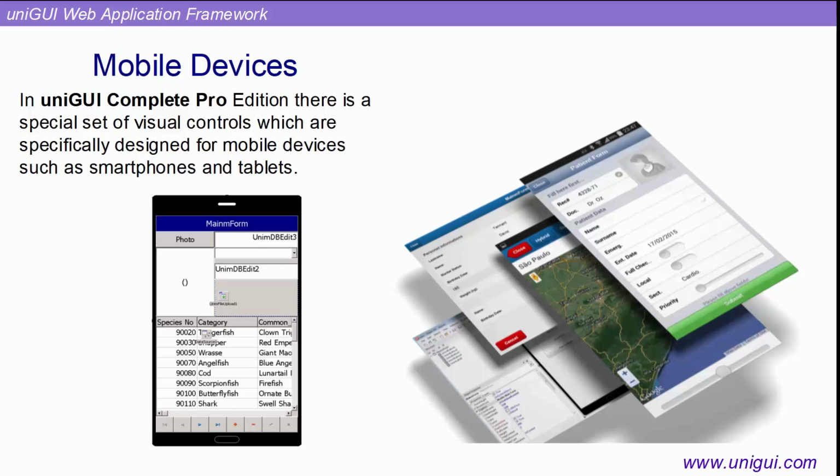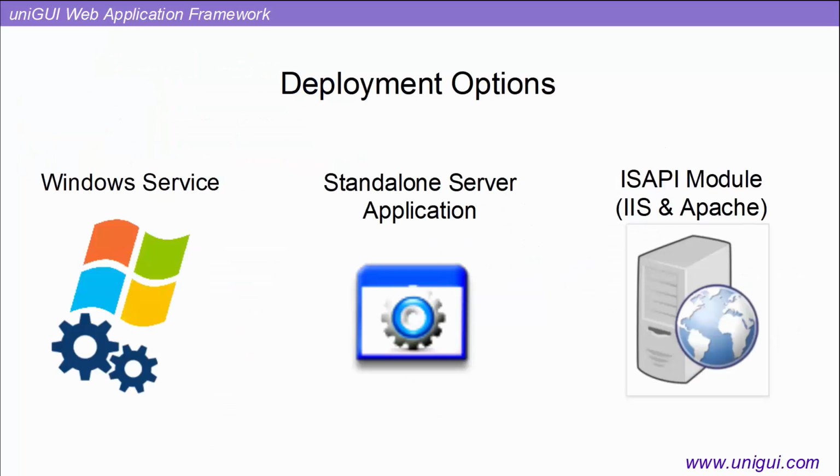Now we can discuss available deployment options for UniGUI. As I mentioned before, UniGUI supports all major deployment options for Microsoft Windows, and in the future we will also add support for the Linux operating system. And here we have 3 deployment options.